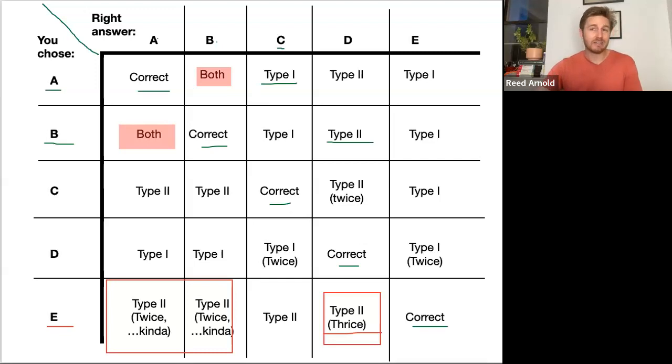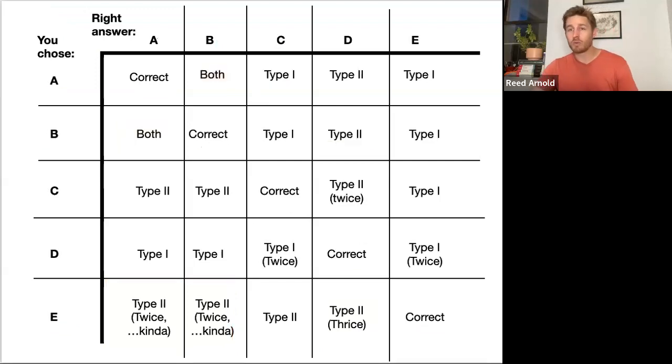From our data, based on how we know students answer tests and OG questions, we really think that type 2 errors are the more common kind of mistake. It is a little more common for people to say a statement is not sufficient when it is sufficient than it is for students to say a statement is sufficient when it's not.